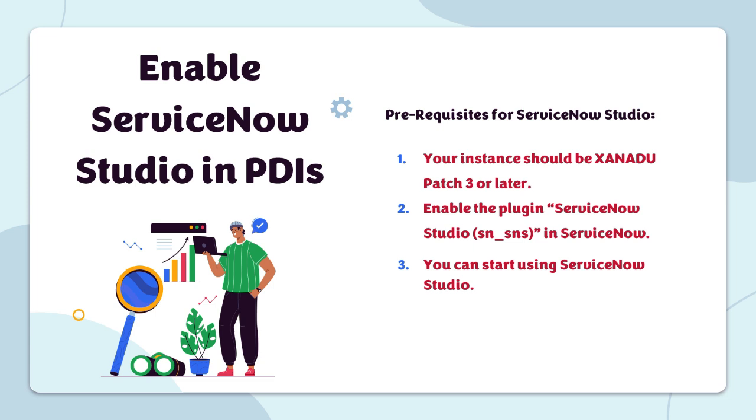And we have a plugin named ServiceNow Studio, SN_SNS, in ServiceNow, and then we can start using ServiceNow Studio in our instances. Alright, so let's proceed to our personal developer instance and see how we can enable ServiceNow Studio and how we can see the view for ServiceNow Studio.